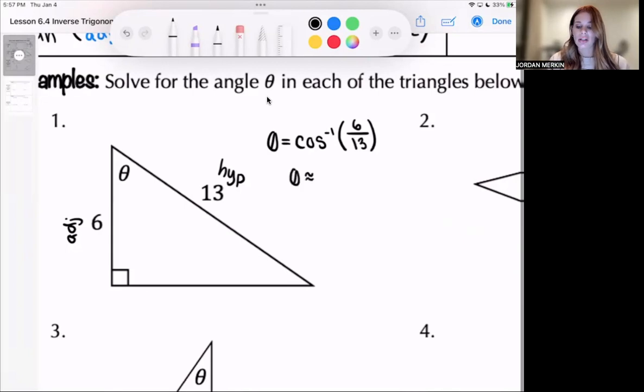Then, if I punch that into a calculator, be careful of what mode you're in versus radians and degrees. I'm in degrees, so you get 62.514 approximately in degrees. If you're giving me degrees, make sure you include the degree units. If you're giving me radians, make sure you write RAD so I know what you're in.